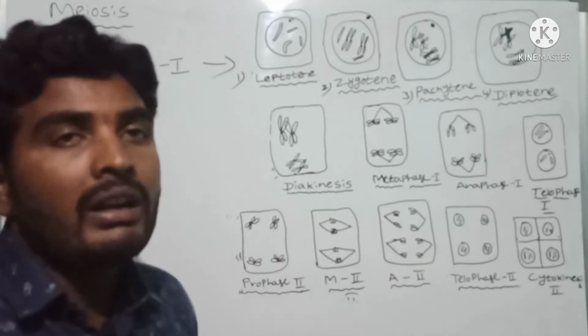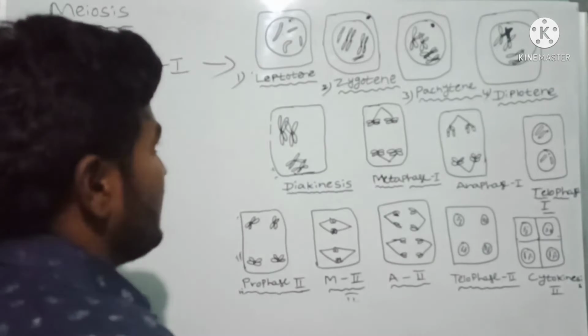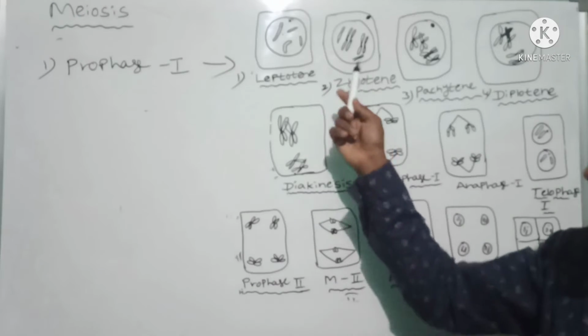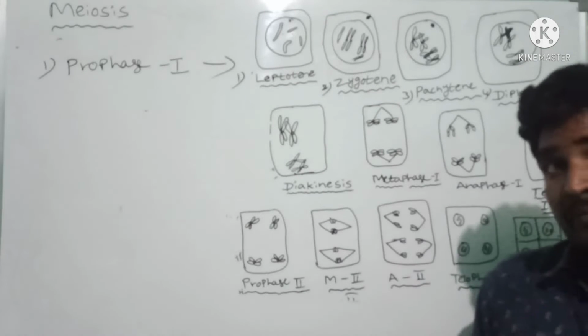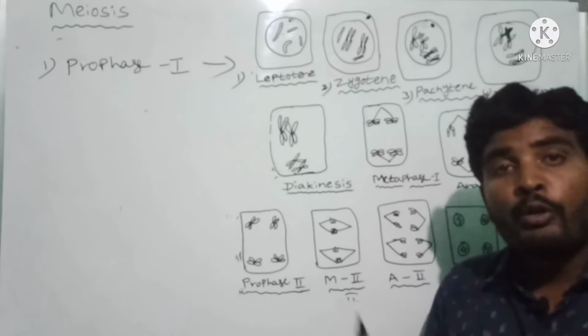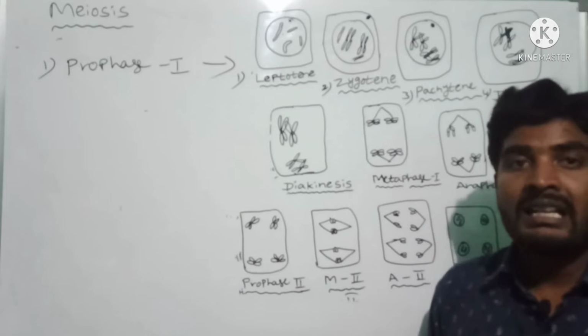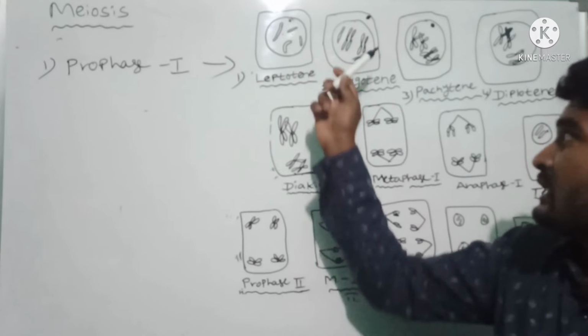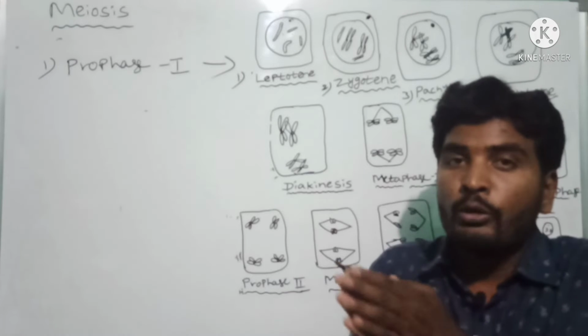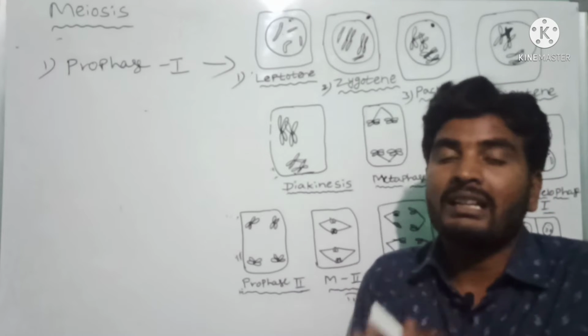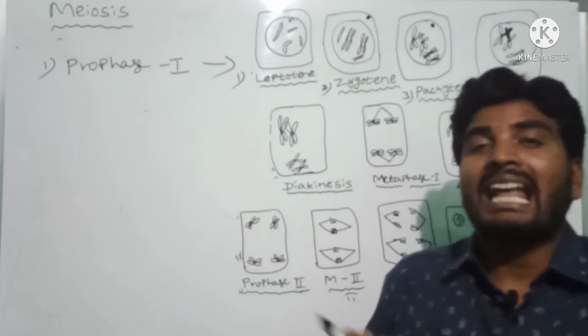This process we call synapsis, and the paired homologous chromosomes we call a bivalent.